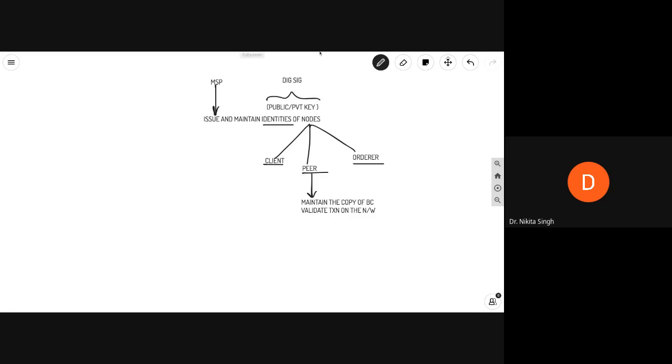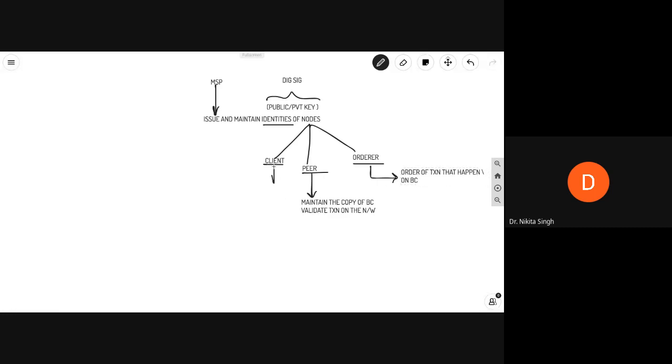Next we have the orderer. What the orderer does is establish the order of all transactions that happen on the Hyperledger Fabric. The orderer will ensure the order of transactions that happen on the blockchain.